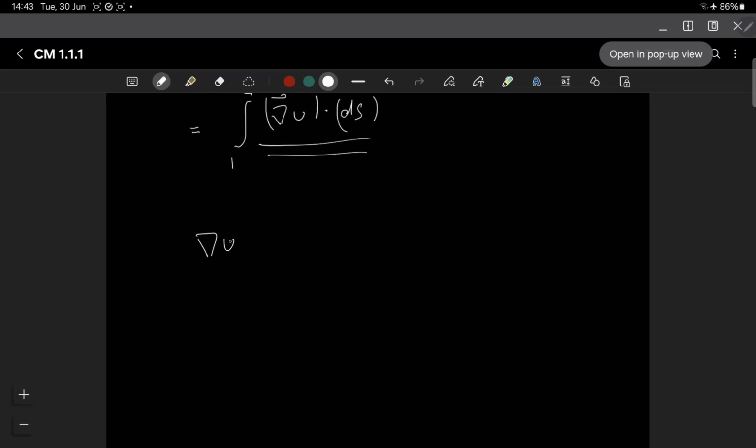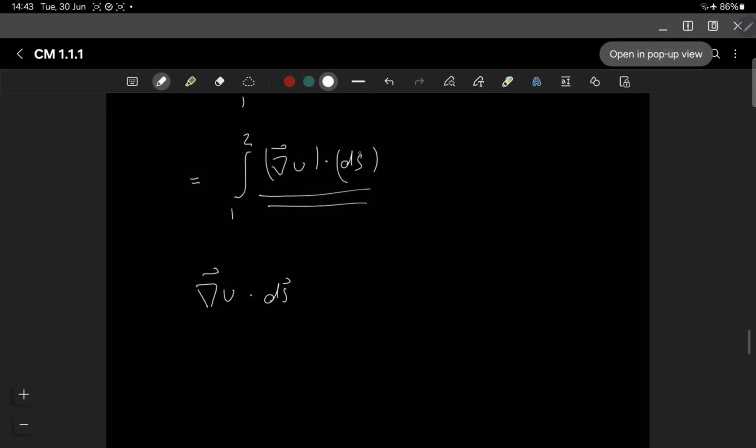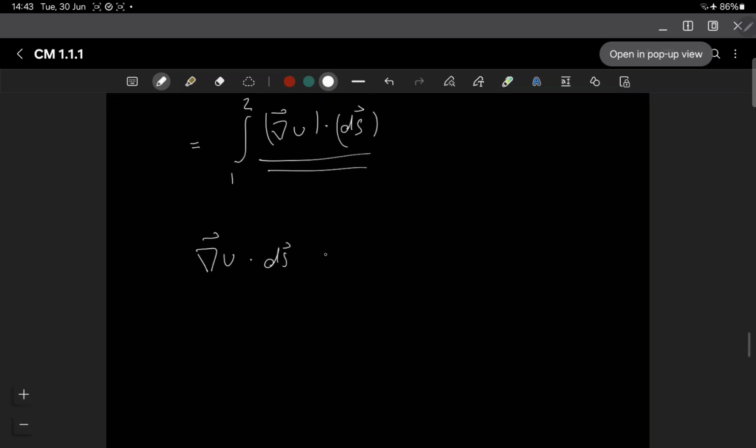So gradient of u dot ds, there should be an arrow up here, is nothing but partial u by partial x dx plus partial u by partial y dy plus partial u by partial z dz.